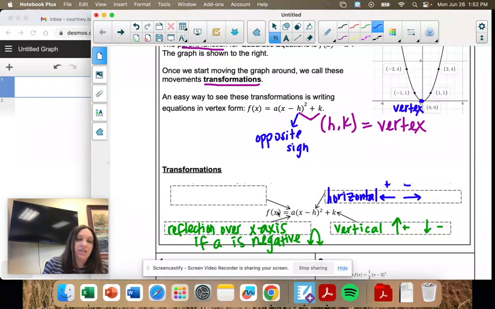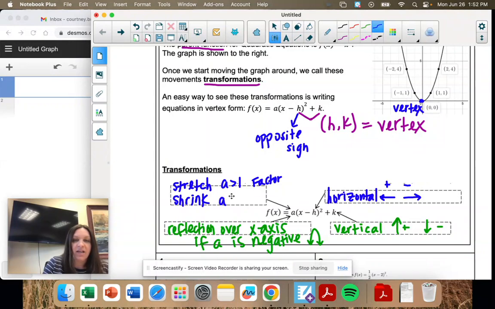And the other thing a does is it stretches, or what we say shrinks. So if a is greater than 1, a is the factor of the stretch.